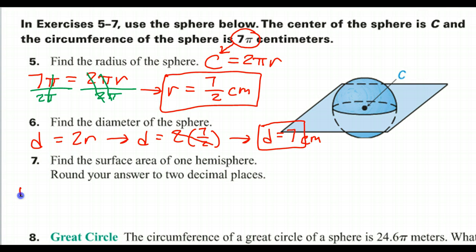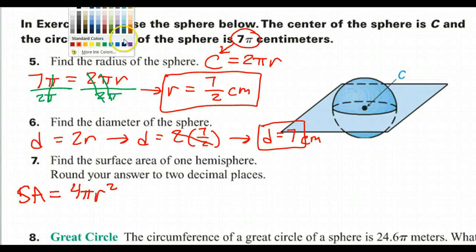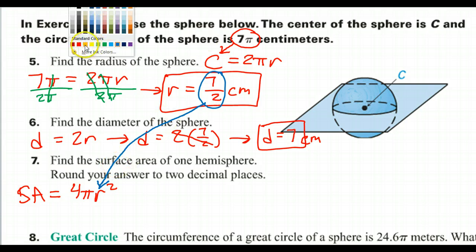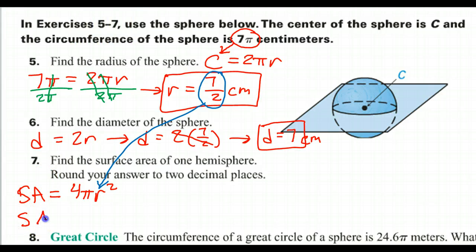All right, so the surface area is 4 pi r squared, as we have discussed. So 4 pi times the radius squared. Up here, we saw that the radius was 7 over 2. So I could take this 7 over 2, and I could get it down here. Okay, so this is going to then become, the surface area will be 4 pi times 7 over 2 squared.